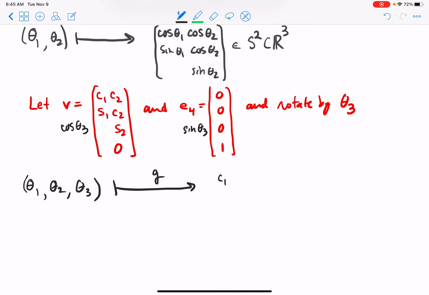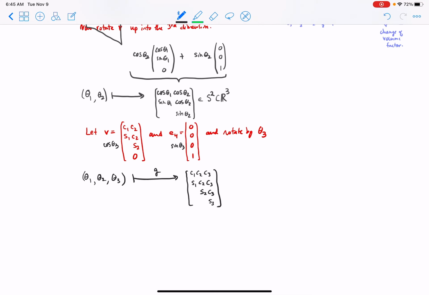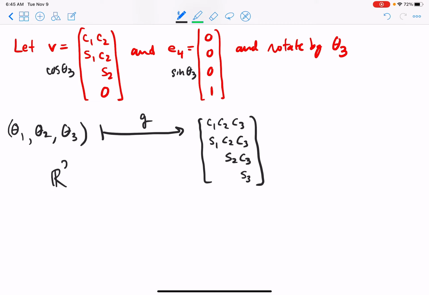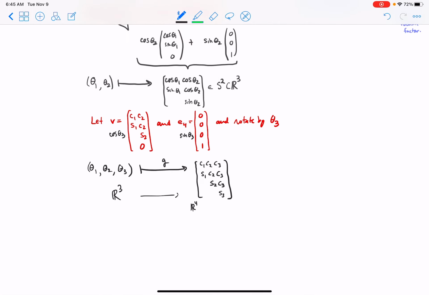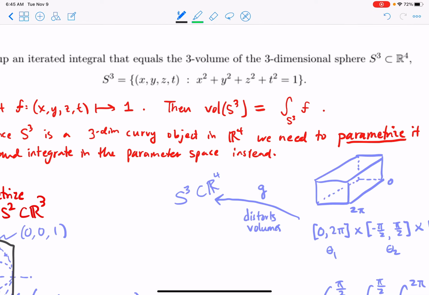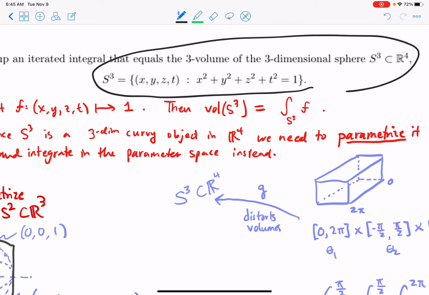Okay, so that's C1, C2, C3, S1, C2, C3, S2, C3, and then over here we get a sine of theta 3. Okay, that's g. So this is a map from R3 to R4. And actually, it gives us the entire three-dimensional sphere.